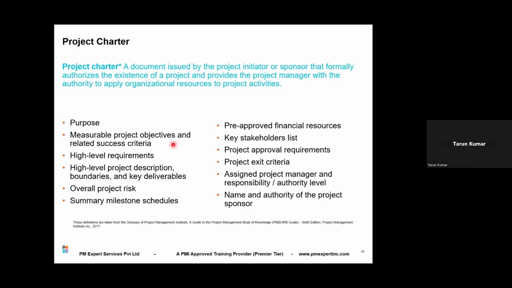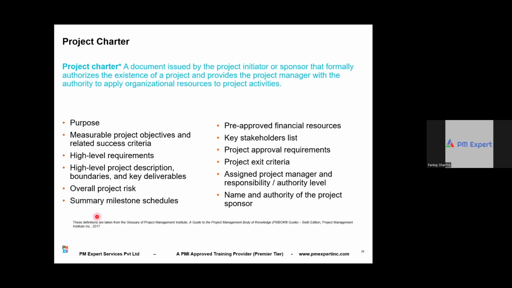Then the next elements of the charter are high-level requirements, high-level project description, overall project risk, and summary milestone schedule. Because of these, this is called a high-level plan.